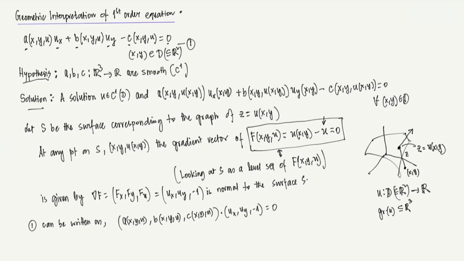This is nothing but this. Essentially, this is the normal vector, the gradient vector, and that is normal to the surface.